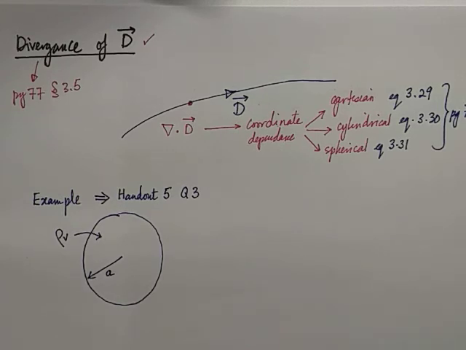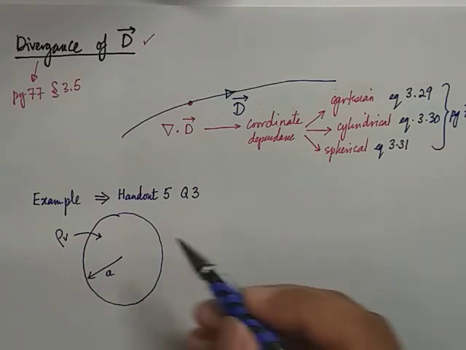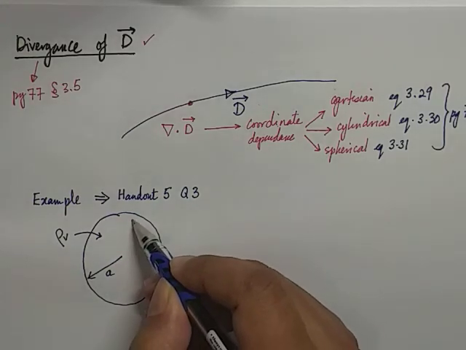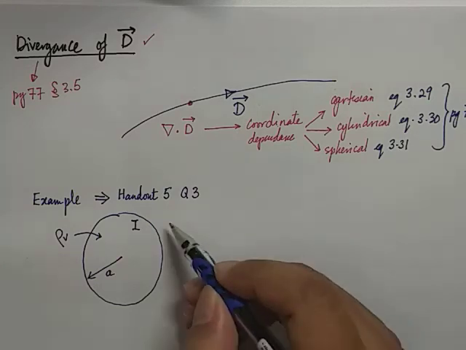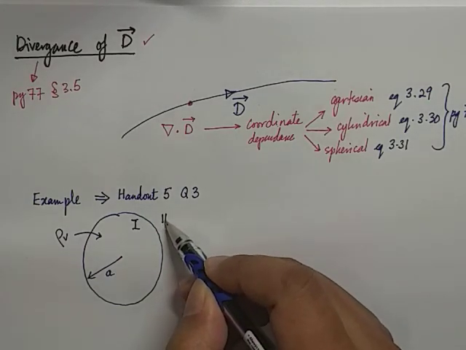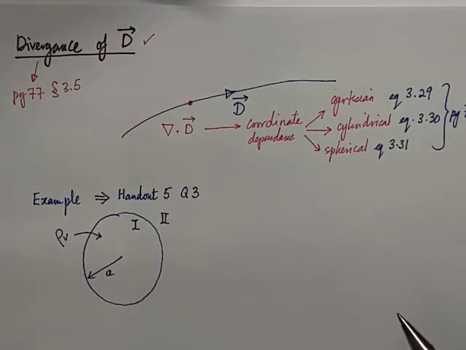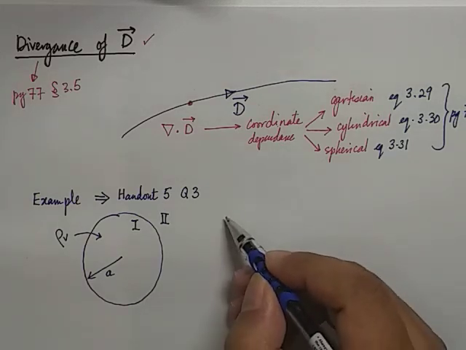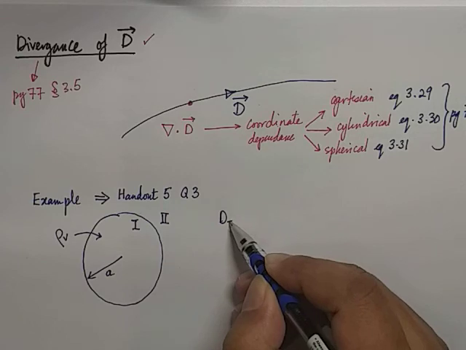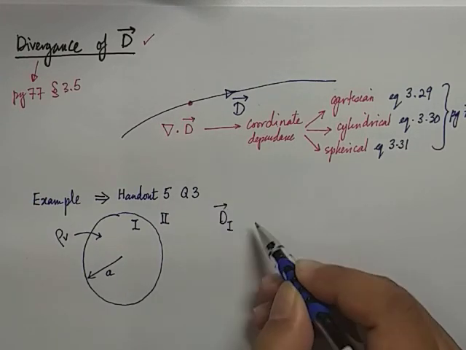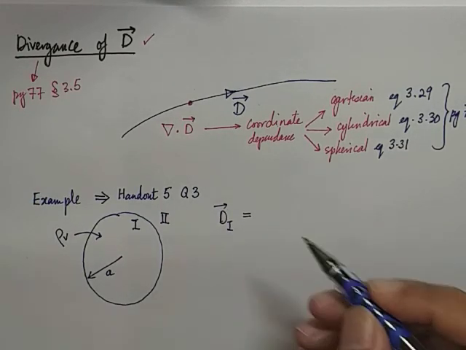From our exercise, we managed to obtain two distinct fields. One field refers to the region inside the sphere. Another field we obtained is for the region outside the sphere. So what we obtained for inside the sphere, D1, if you refer to your solution, is equal to what?